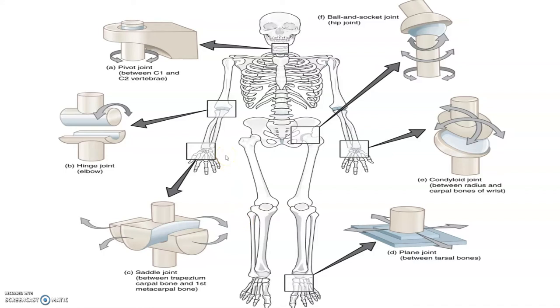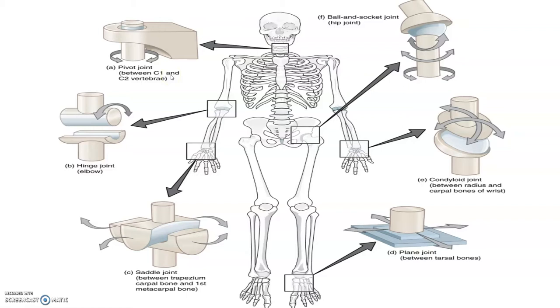Then we see the pivot joint. The pivot joint is there in the vertebral column, in between the two vertebrae. This pivot joint is there between the atlas and the axis. Between the atlas, that is the first vertebra, and the axis, there is a pivot joint.